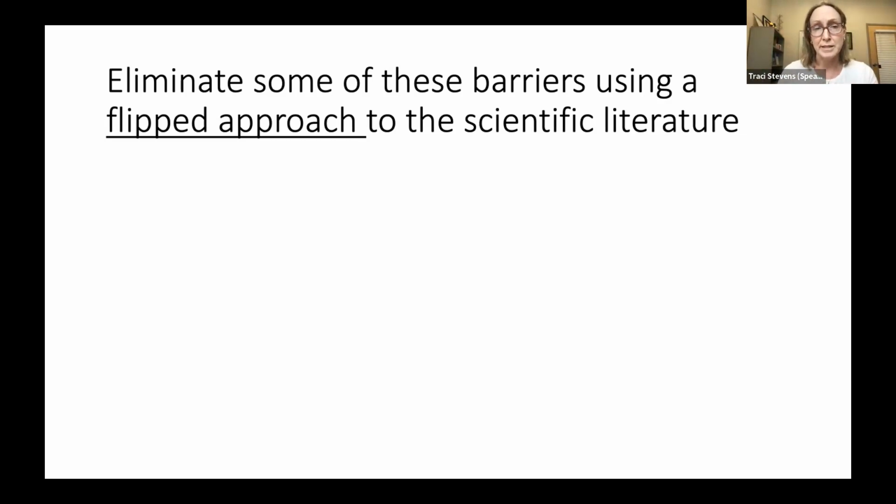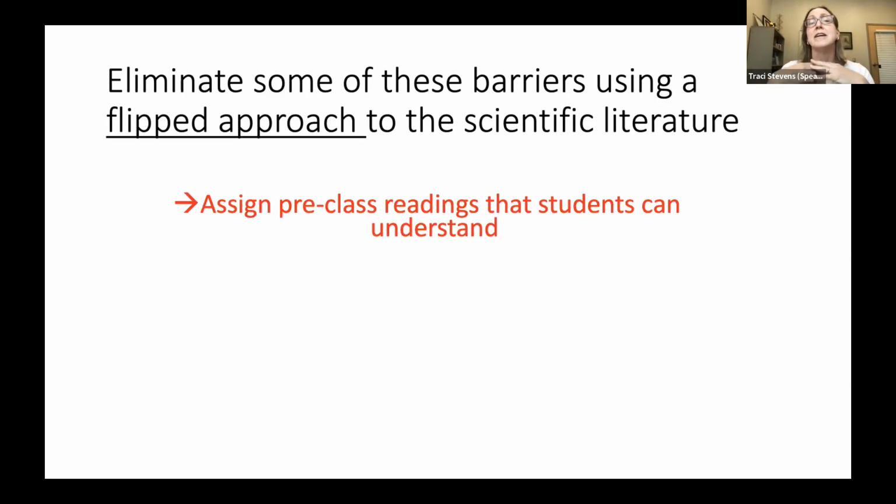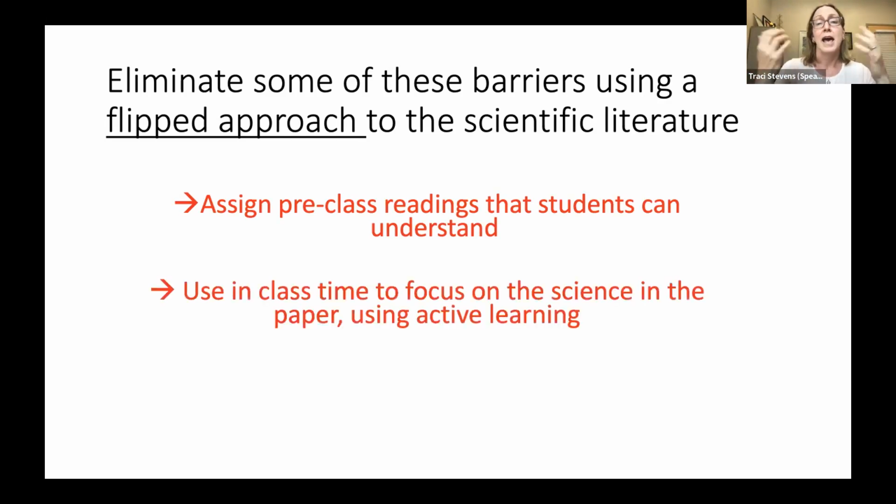So in terms of the scientific literature, what they read before class are textbook readings, YouTube videos related to the background of the paper. So that's the easier part they do on their own outside of class. And then in class, what we do is discuss the paper using an active learning approach.